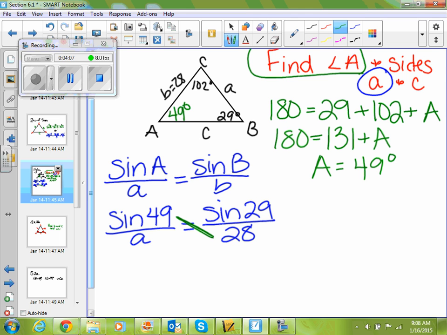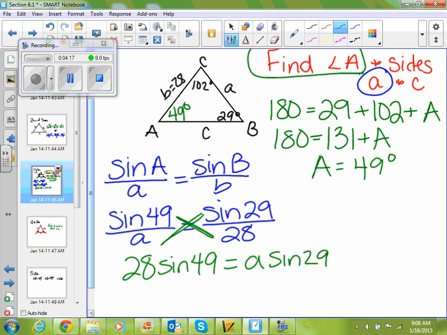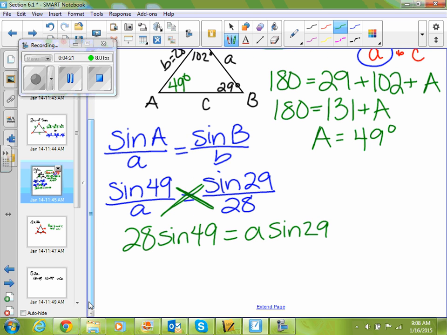So we solve that by cross multiplying. So 28 sine of 49 equals A sine of 29. Then you divide by sine of 29 degrees.